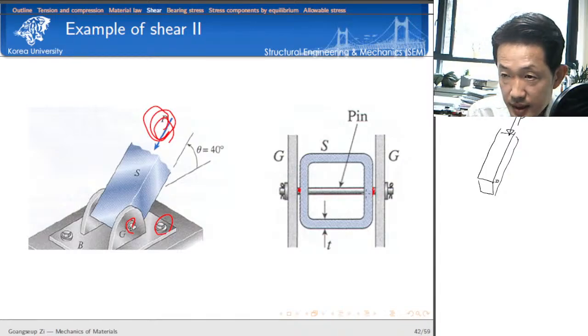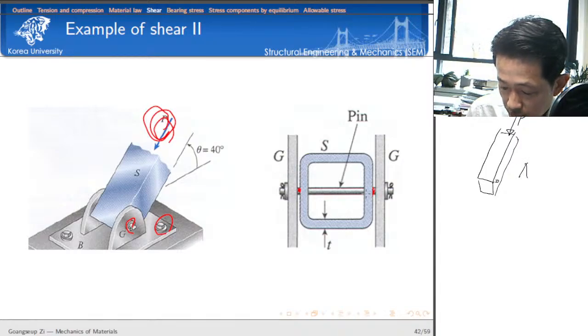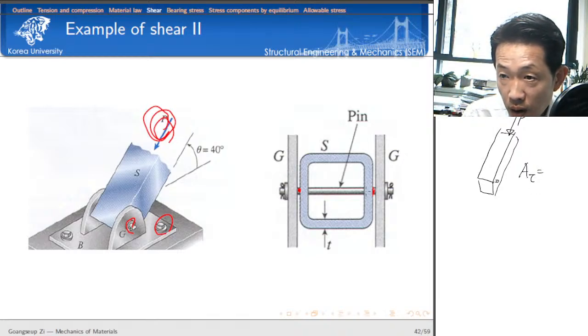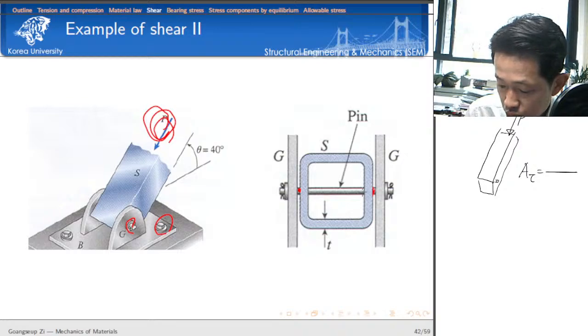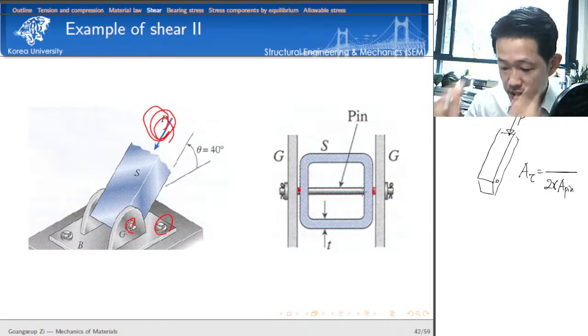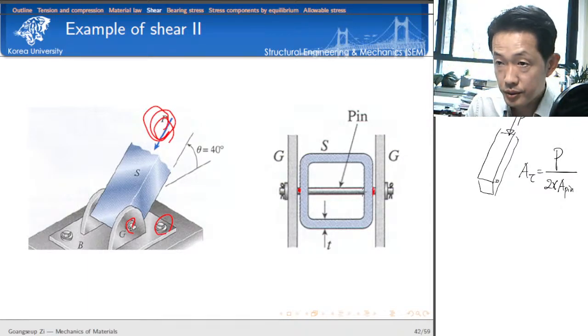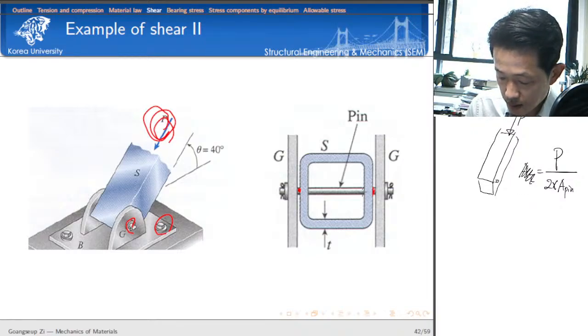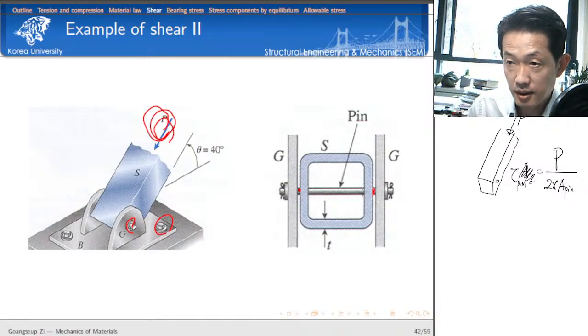The shear area for the pin is equal to 2 times the cross-section area of the pin, because we have 2 surfaces. And of course the load is given by the force P. This is the shear stress for the pin. Is it clear? Okay.